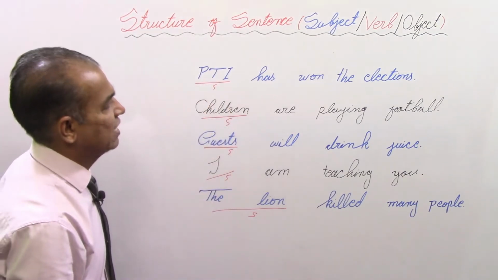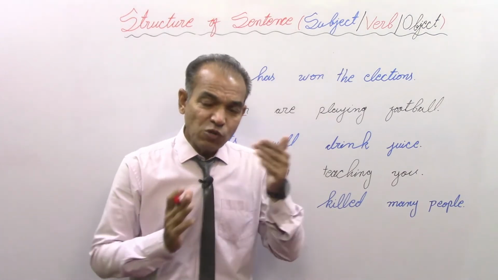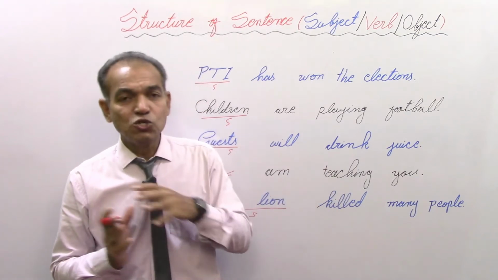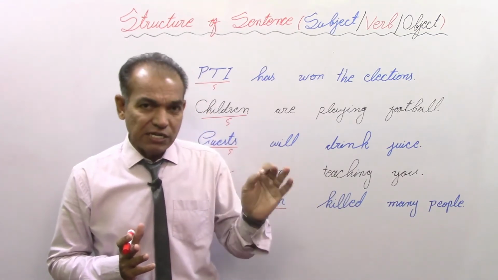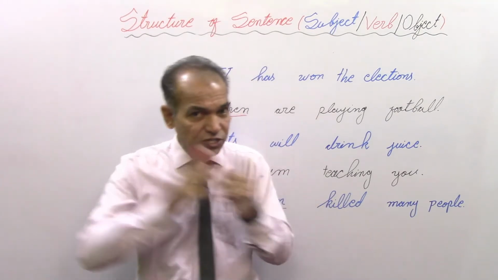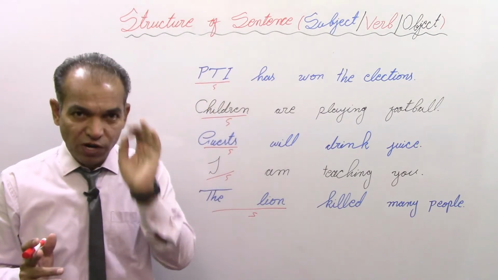Let's take the first example. PTI has won the election. Now when we say that PTI has won the election, what action was performed? The word which is telling us about that action which was performed by PTI would be the verb of this sentence.